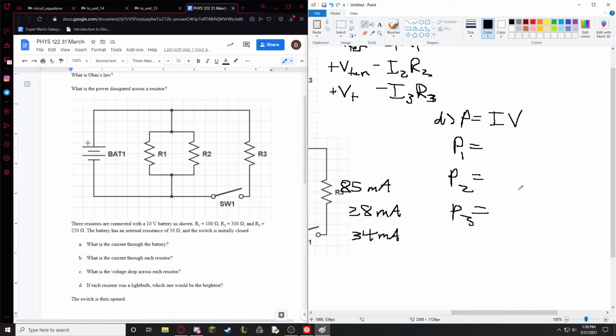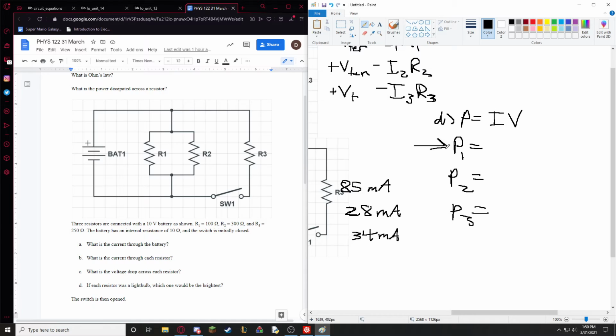We don't even need to calculate any numbers here. Aren't the voltages across each resistor the same? Yep. So R1 would have to be the brightest because it has the highest current.